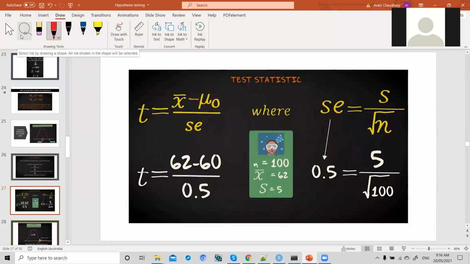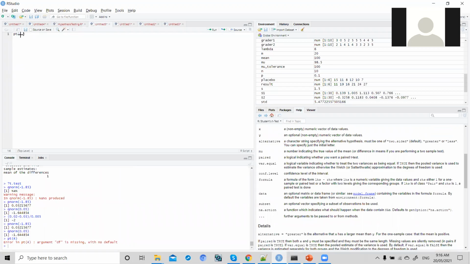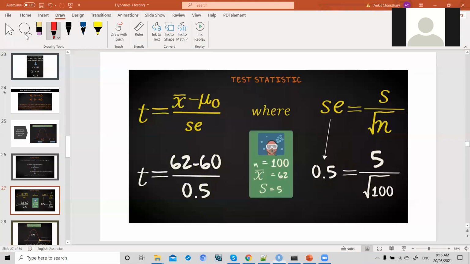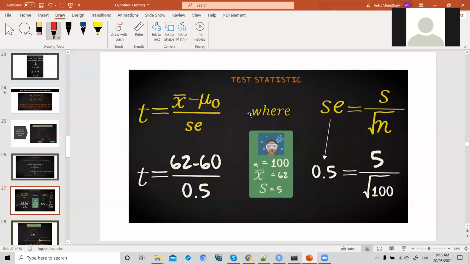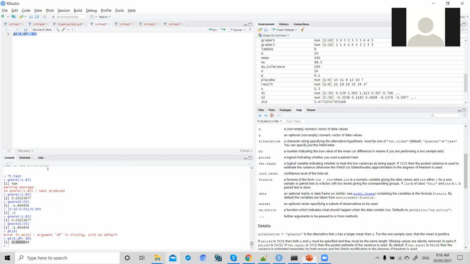The degree of freedom will be n minus 1. N is 100, so 100 minus 1, 99, will be the degree of freedom. So your p-value is 0.99 here, based on the t distribution. So 0.99 is your probability, your p-value.